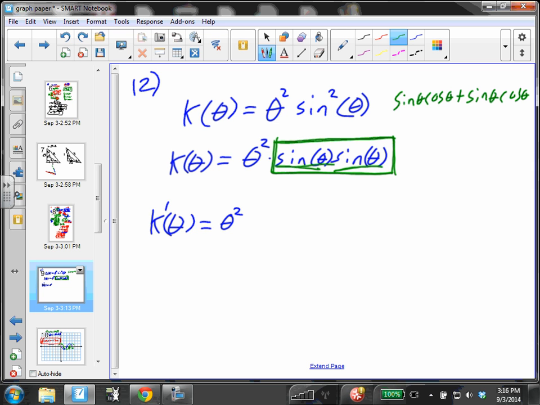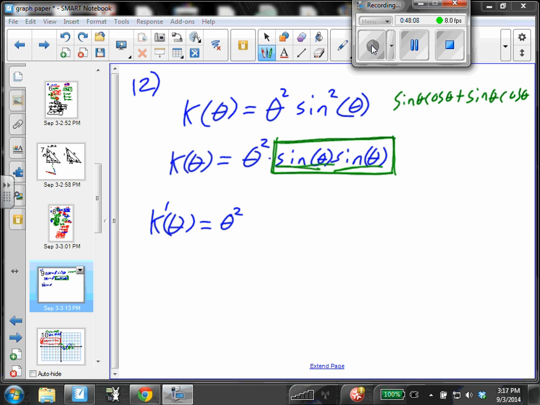So look, I have sine of theta, cosine of theta, plus sine of theta, cosine of theta. So what I'm trying to say is that we have a sine cosine and another sine cosine. So I have 2 sine cosines, because they're exactly the same. So we can combine like terms, okay? So we're doing the product rule, and we did the first times the derivative of the second.